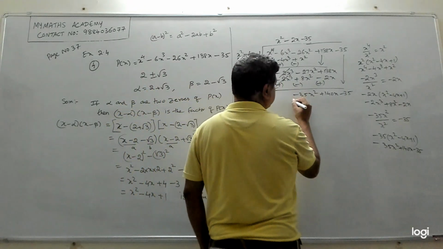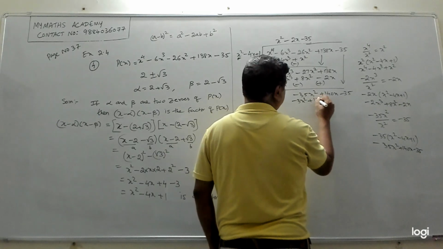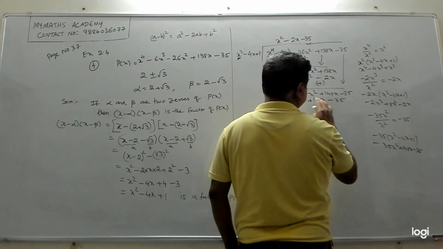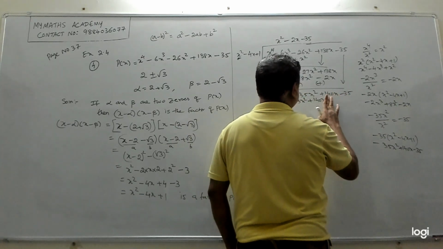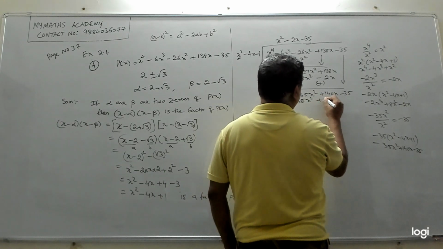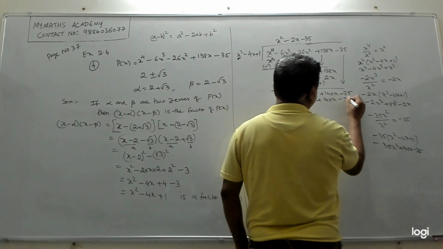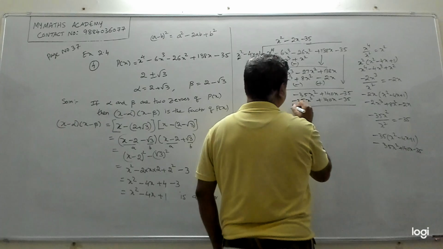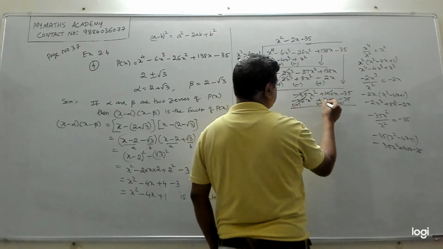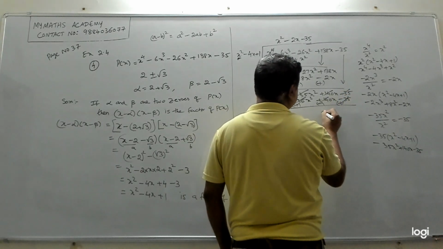So we will put here minus 35x square plus 140x minus 35. Right? Sorry, this is minus 35x square plus 140x minus 35. So this will become plus minus 35 plus 35, plus 140 minus 140, minus 35 plus 35.